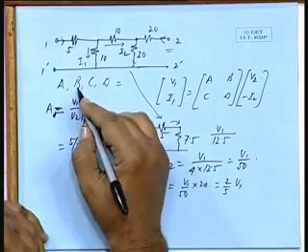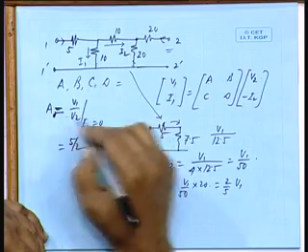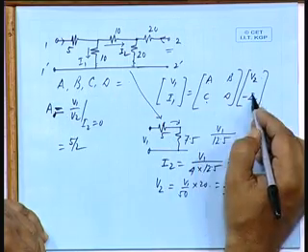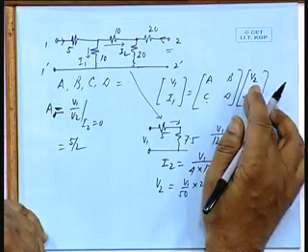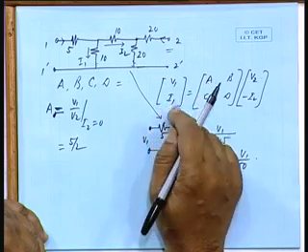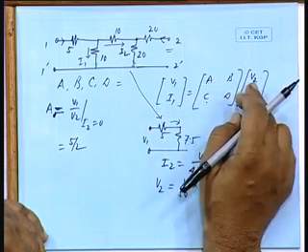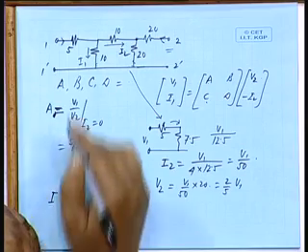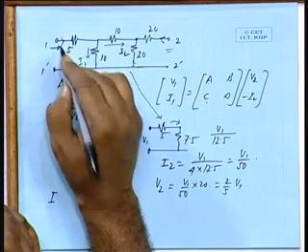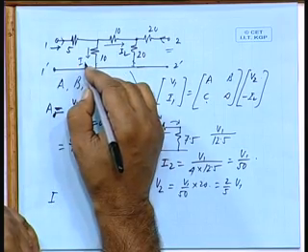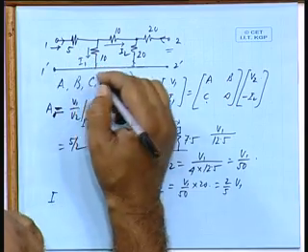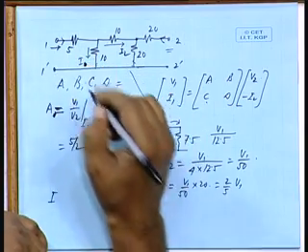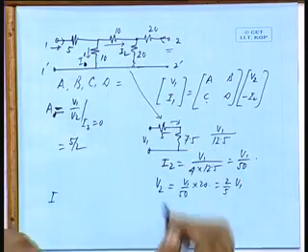So, similarly you can calculate B, C, D. C is also under that open circuit condition when I2 is 0; it is a ratio between I1 and V2. So, how much is I1? This is I1, that is the net current flowing from here. I should not write I; let me call it I dashed.